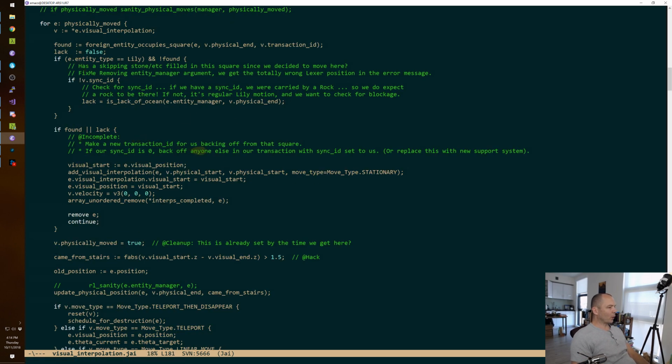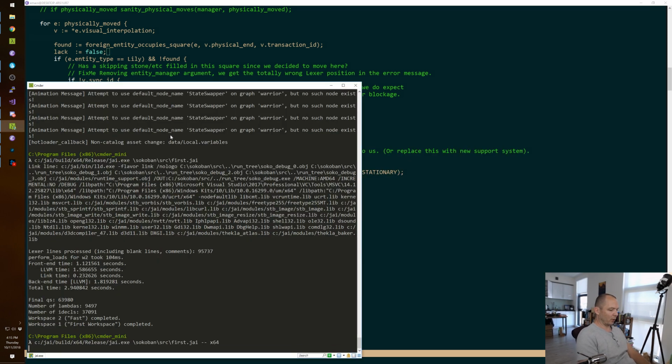If we do that, then this foreign entity occupies square check would also take an array of everyone who's trying to move right now, but not for the purposes of ignoring them, but to see if anyone else is trying to move there. For now, we're just moving people there.